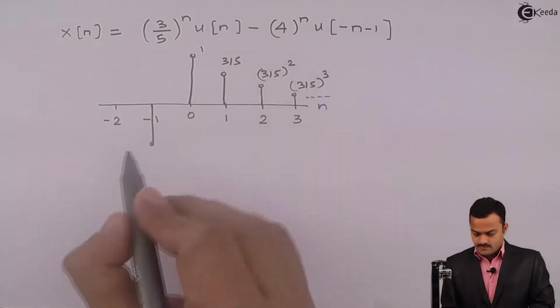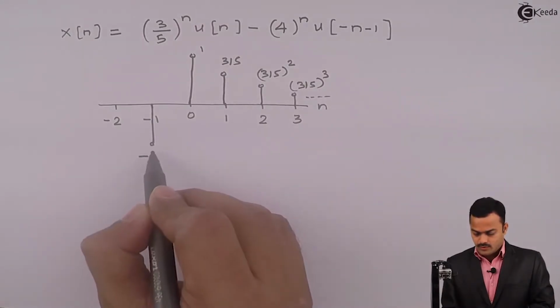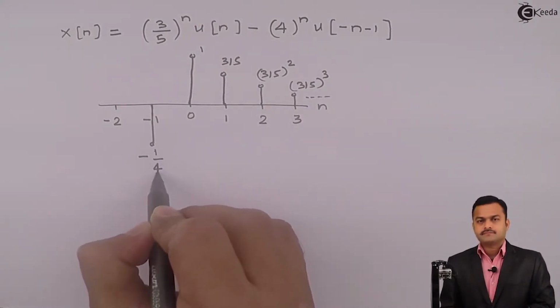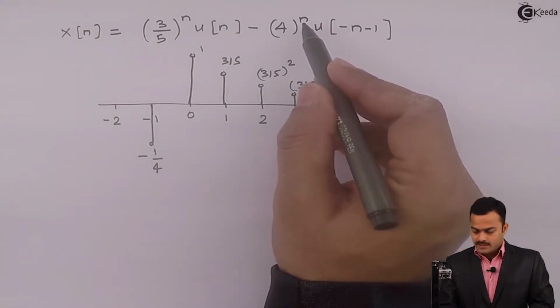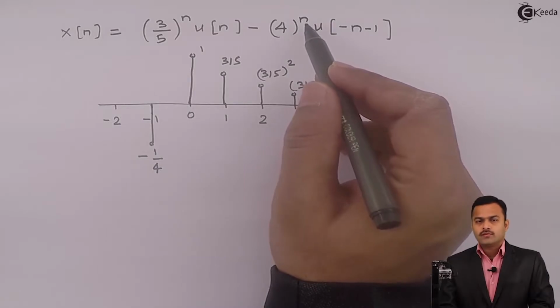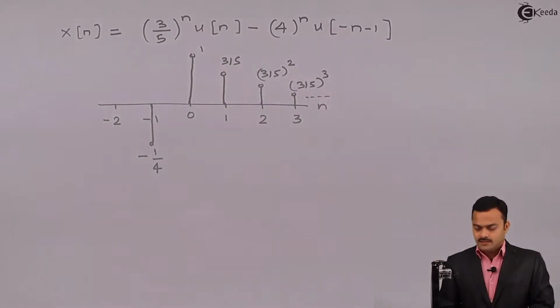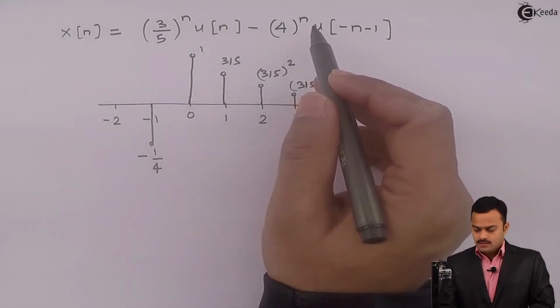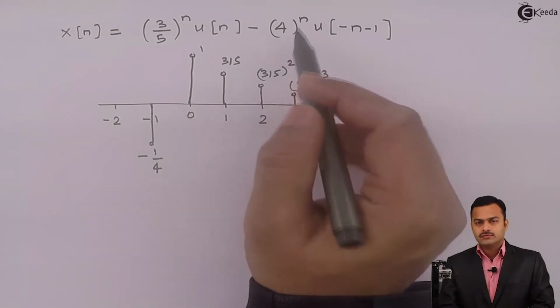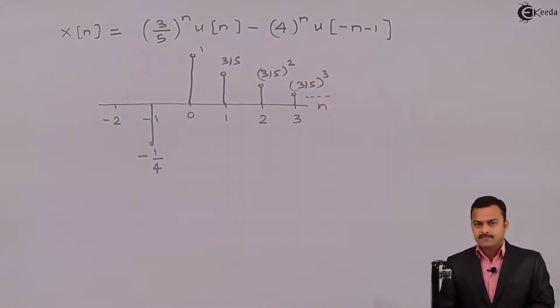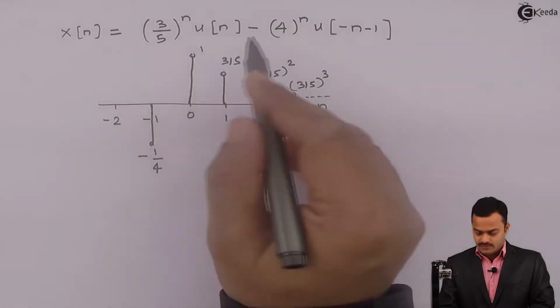Next, for n equal to minus 2, 4 raised to minus 2 is 1 by 16, so in the end it is minus 1 by 16.